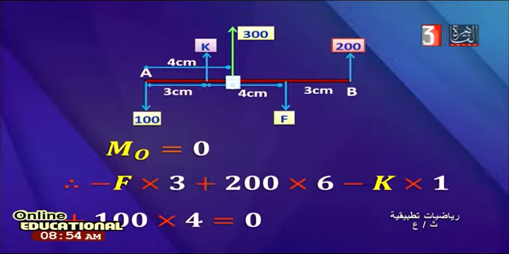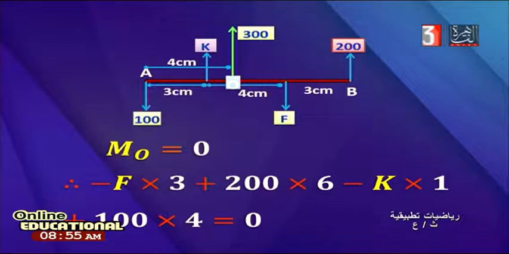Why? Because the direction of the force was clockwise. 200 times 6, K times 1, 100 times 4.